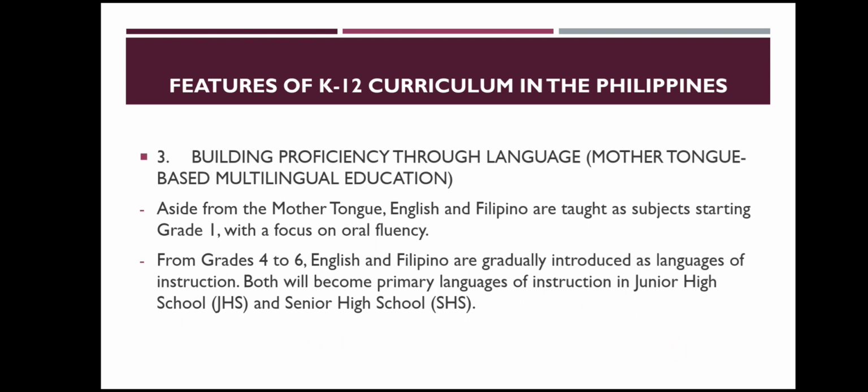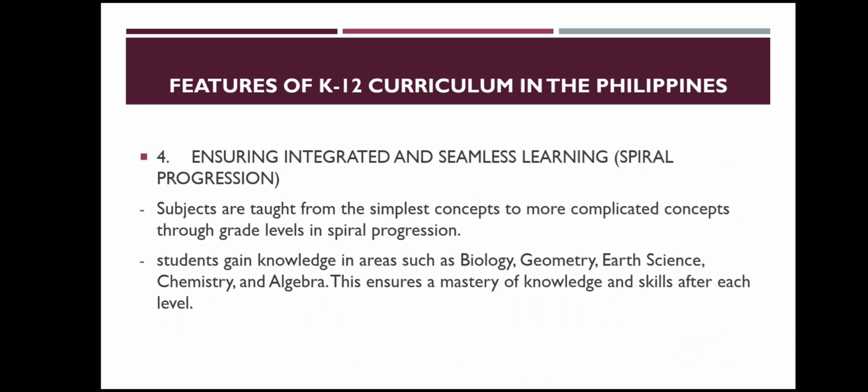And from there, they will slowly introduce other languages like English and Filipino, starting from grade one with a focus on oral proficiency, fluency. So from grade 4 to 6, they're going to introduce English and Filipino gradually. Both will become the primary languages of instruction in junior high and senior high school.